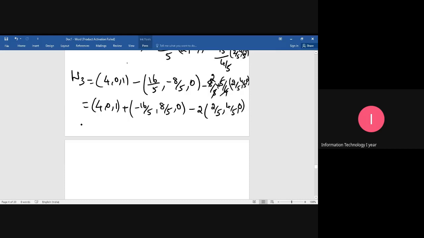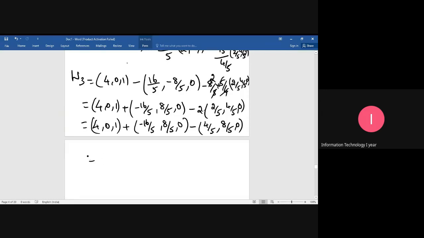Again multiplication: 4, 0, 1 plus minus 16 by 5, 8 by 5, 0, and minus 2 multiplied by 4 by 5, 2 into 4 by 5, this is 8 by 5, comma 0.